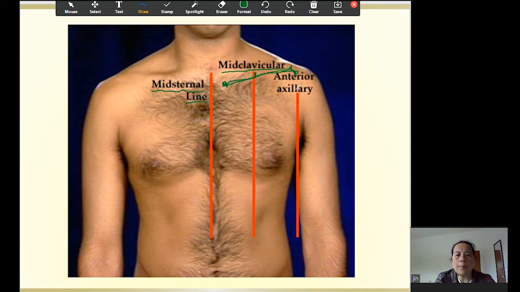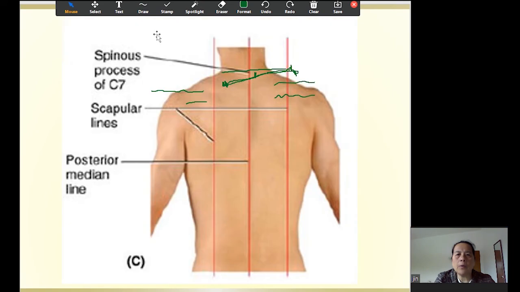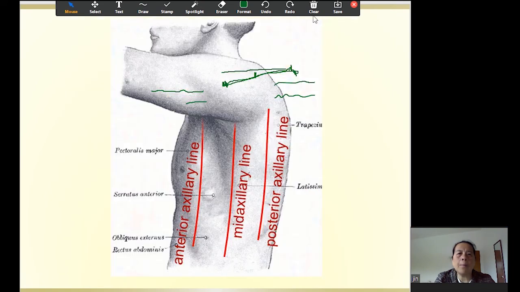And for the side part, we use the axillary lines. That's the anterior axillary line here. And certainly, when we go to the side, we have the posterior and the middle axillary lines. It's the same line: looking from the front, we can only see the anterior axillary line.